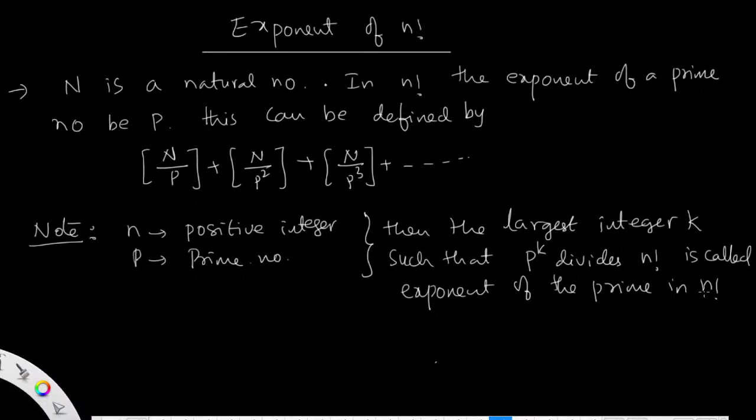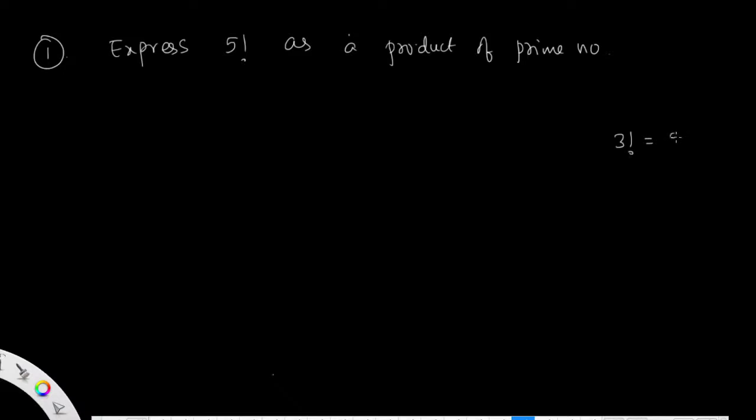So let us take one example, then after it we can get the answers. First basic one you can take. Suppose express 5 factorial as a product of prime numbers. The floor is nothing but the integral part you can take. 3 factorial is there, we can write 2 into 3, so that is 2 power 1, 3 power 1.